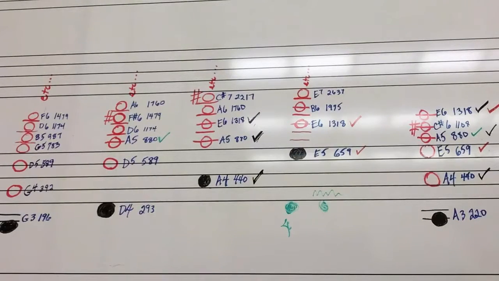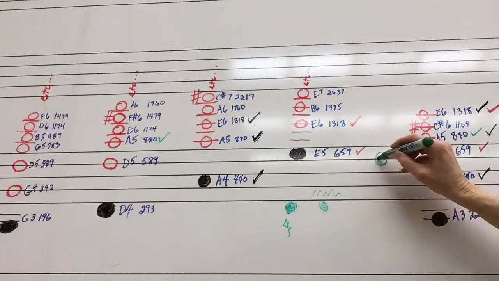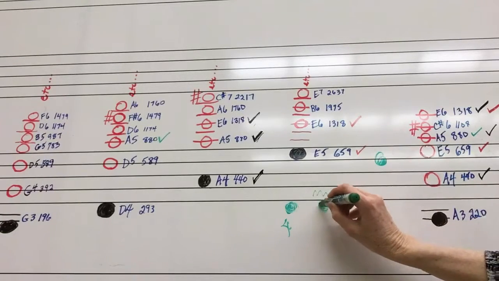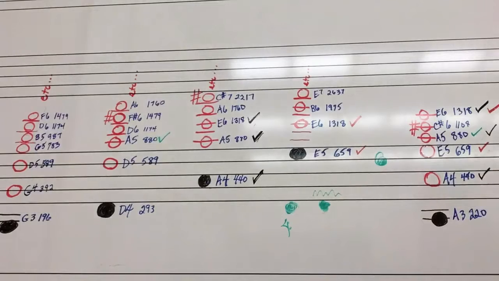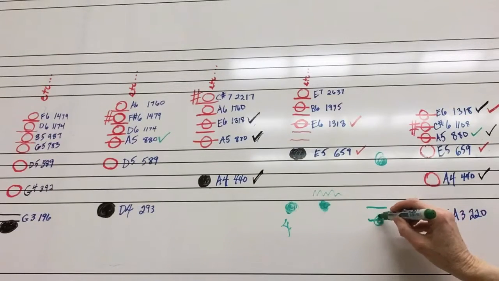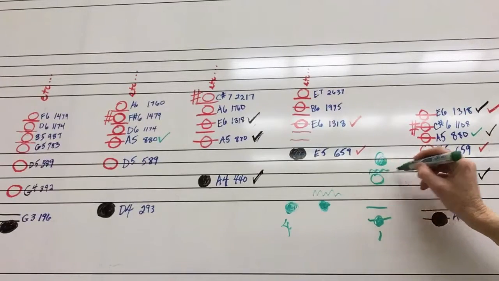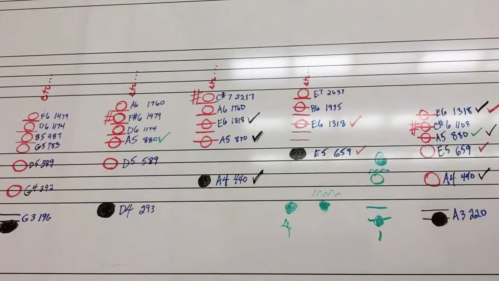We will also get a fat sympathetic vibration if we play a fingered note an octave away from an open string. So if I played this D up here with a finger, this D would still ring. Or if I play this A down here with my finger, this open A will still have a sympathetic vibration.